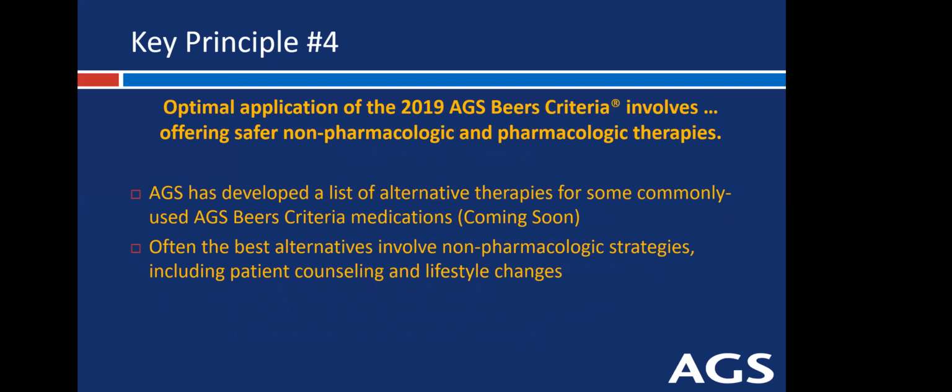Key principle number 4: optimal application of the 2019 AGS Beers criteria involves offering safer non-pharmacologic and pharmacologic therapies. So the AGS has been working on developing a list of alternative therapies, but they also want to point out to us that many alternatives are non-pharmacologic strategies and can include things like counseling or lifestyle changes.